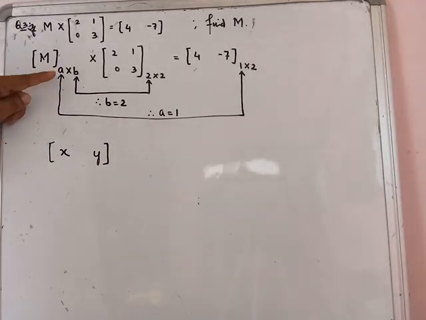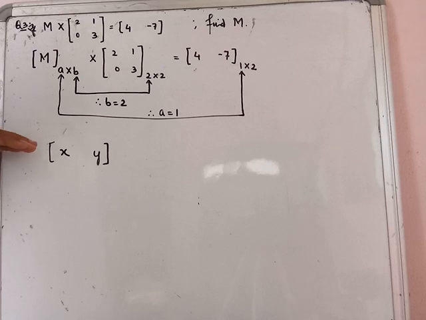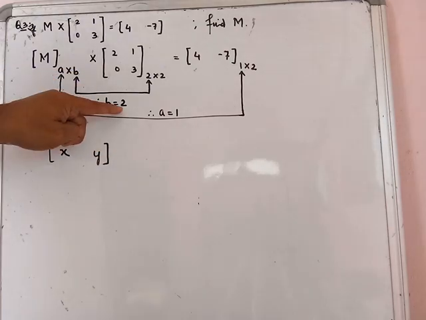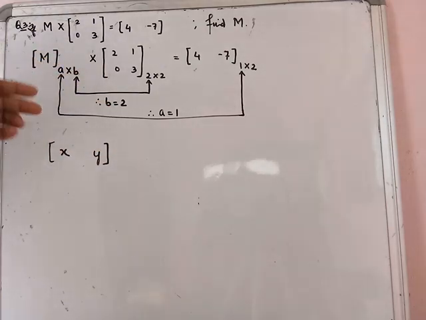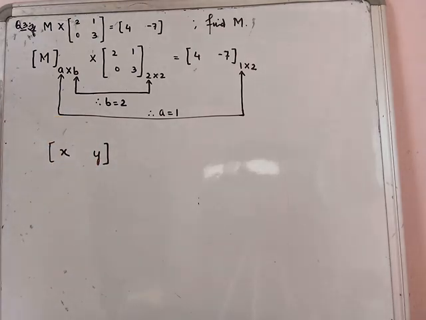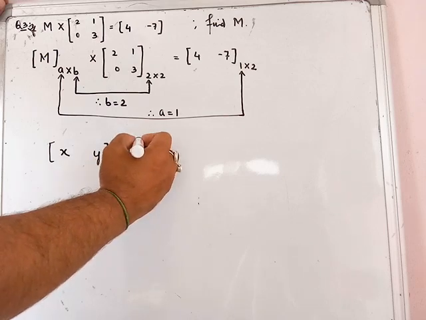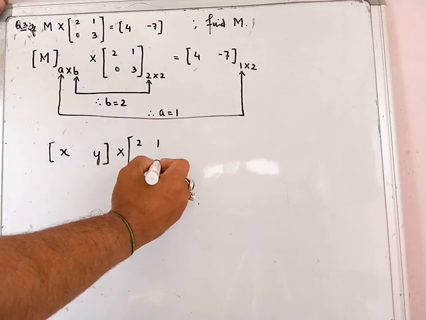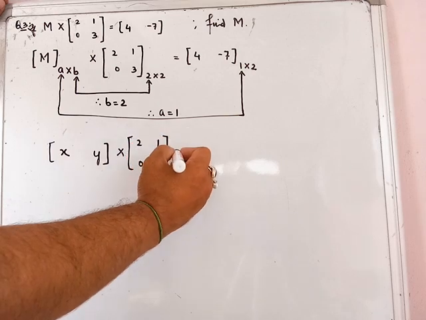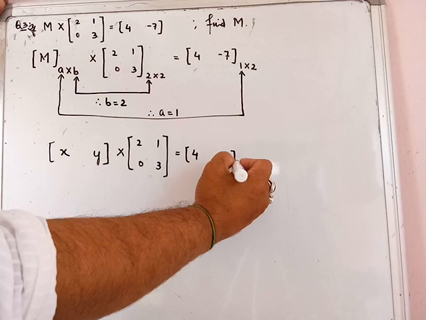Because just now we have calculated the number of rows as 1. So this is 1 row, and the B value is 2, which is the number of columns. So these are the only 2 entries that will be present in M. Multiplied by, obviously, 2, 1, 0, 3, is giving you 4 and minus 7.